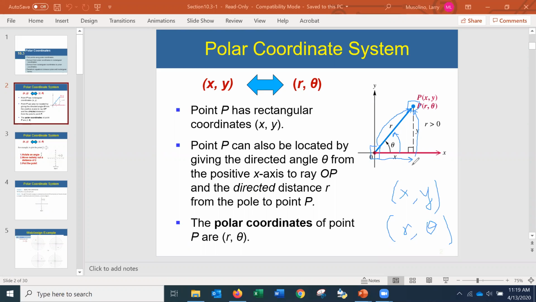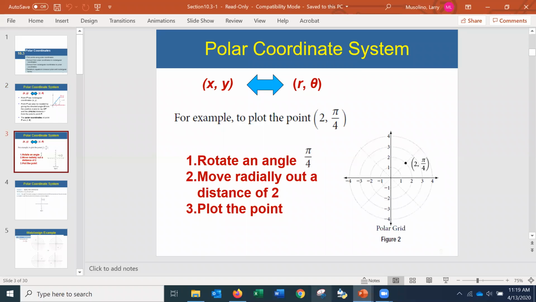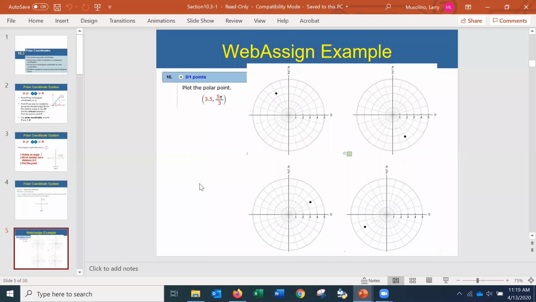All right, and the reason we want to be able to use polar coordinates is in a lot of applications, polar coordinates is much more efficient and makes the analysis much easier versus working in XY coordinates. All right, so let me just give you another quick reminder of what we already talked about. When you want to graph a point on this new graph paper, okay, so we're using this polar grid, let me actually jump to a WebAssign example that we did.